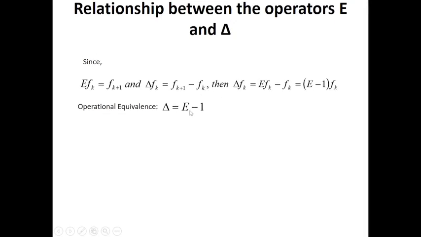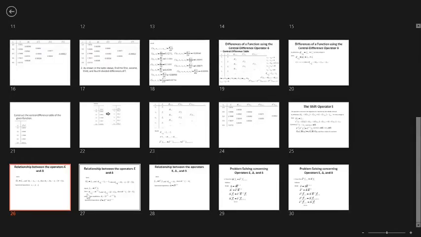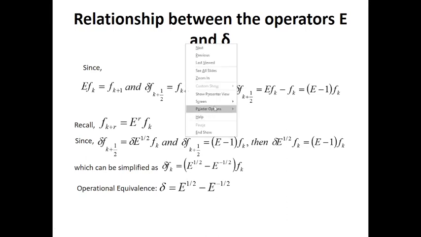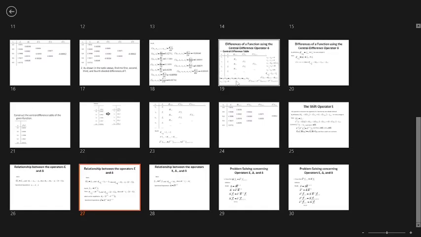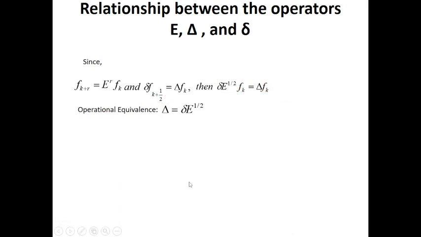So, delta equals E minus 1, okay. So, delta equals e to the 1 half minus e to the negative 1 half, okay. Then, ito yun. Delta equals delta e to the 1 half. So, that's it. So, let's answer a problem regarding this topic.